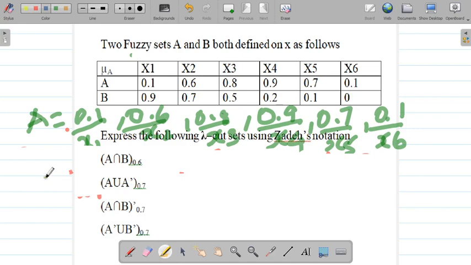So the next one is A union A bar 0.7. Here we are having the fuzzy set A: 0.1, 0.6, 0.8, 0.9, 0.7, 0.1. Now we are going to calculate the value for A bar, which means we are going to subtract from 1.